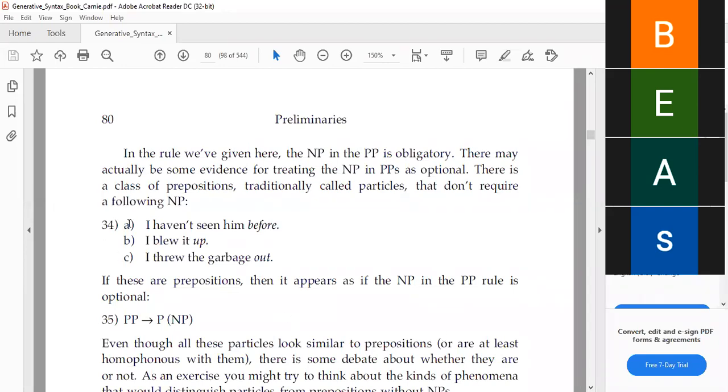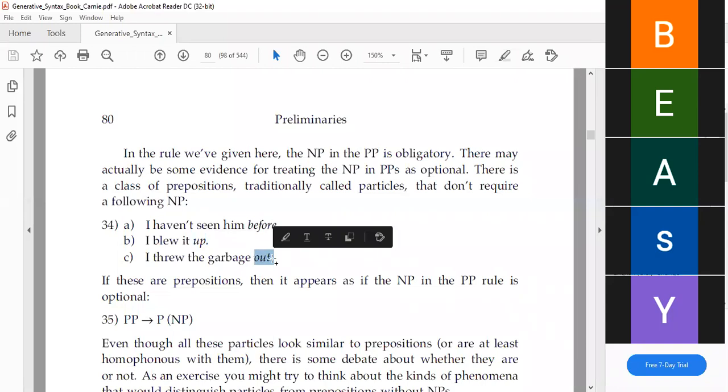Consider 34A and B and C. I haven't seen him before. I blew it up. I threw the garbage out. So these are prepositions, syntactically speaking.